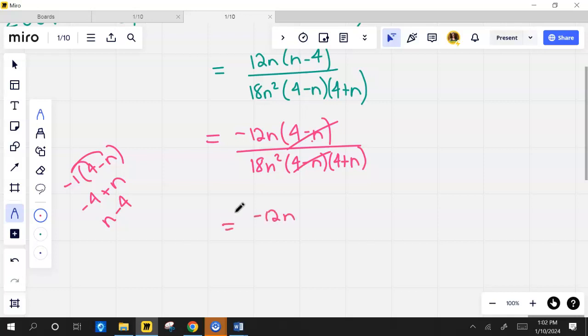Is there anything else to simplify that I can do here? Leading coefficients can definitely, if I had a fraction that was 12 over 18. And if you're not sure, use your calculator. Do 12 divided by 18, math, enter.